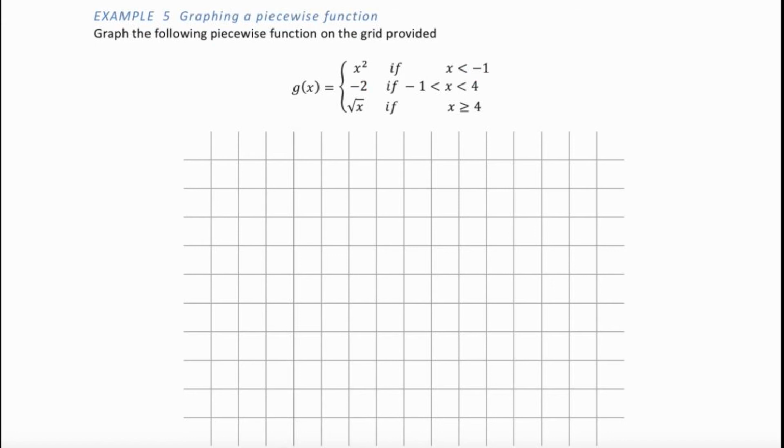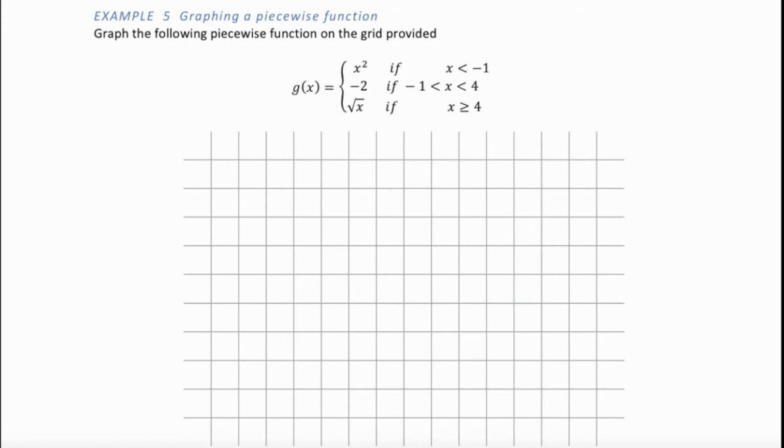G of x equals -2 whenever, or if, x is between -1 and +4. And then g of x equals the square root of x if x is greater than or equal to 4. And if you notice, only this last formula includes a condition with an equality. The rest do not, so we're going to have a lot of open dots on this graph.